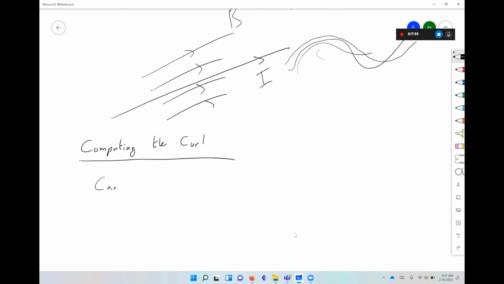So for the Cartesian system, of course, any field can be written in terms of x hat and y hat and z hat components, right?